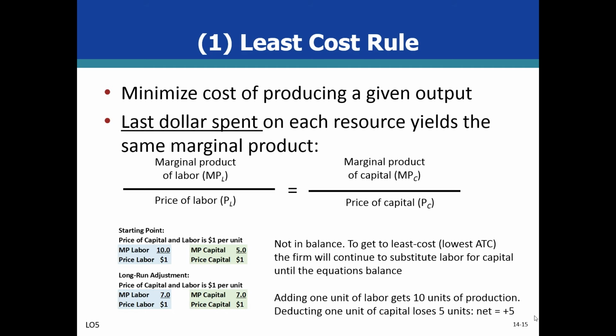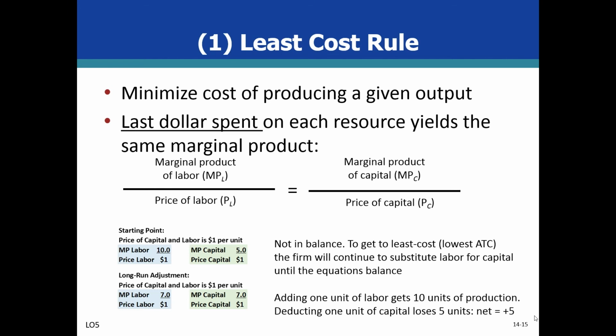Okay, so what would an owner do? Because labor can produce more for each dollar of cost, it would begin to add more labor and reduce capital. What happens? By continuing to add more labor, we reduce the marginal product of labor. At the same time, we increase the marginal product of capital.